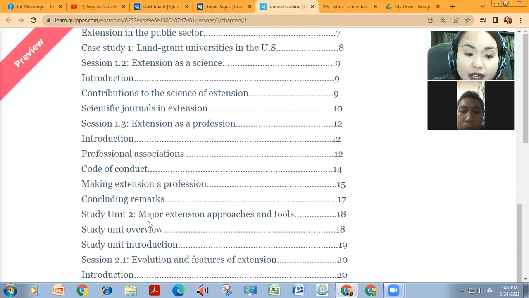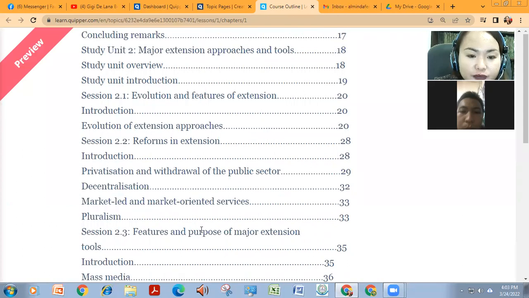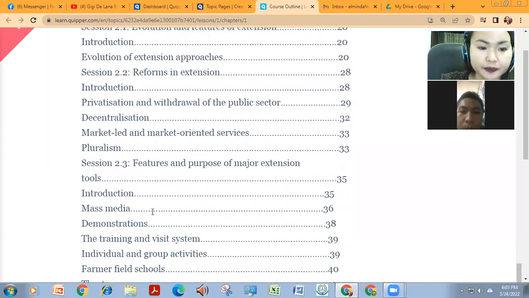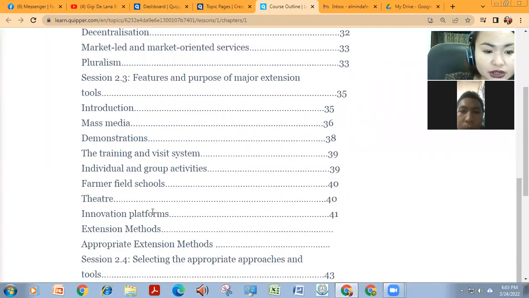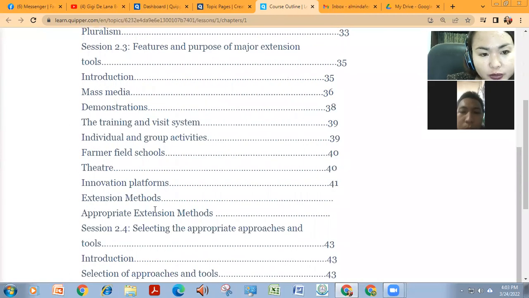And then we have the second unit, major extension approaches and tools. We have evolutions and features, reforms, and features and purpose of major tools. So that's the second unit, no? Session 3, 2.3, 2.4.